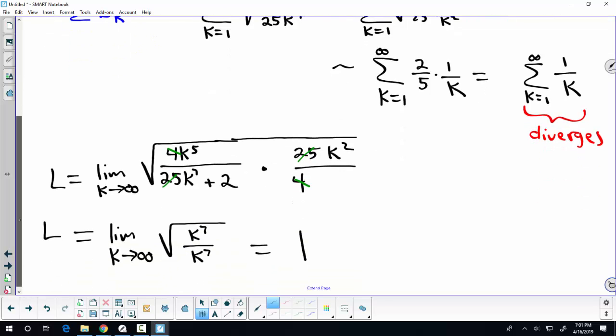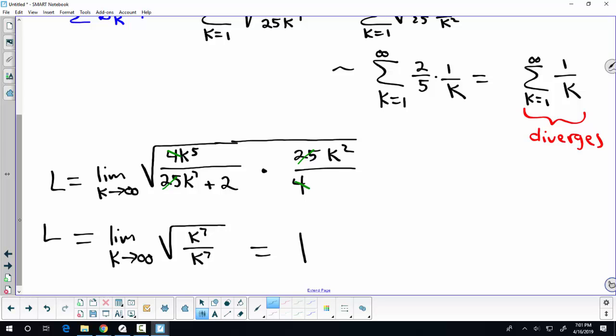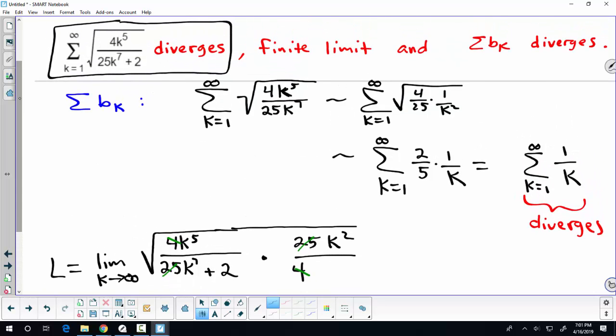Mine says it converges. The right answer when I did it was converges. My b sub k is very different, though the problem is similar. I have the root of 9k cubed over 16k to the 4th plus something, and it wanted my b sub k to be 3 over 4k squared. And then it says that converges. I was like, I don't know how. But you had 9.